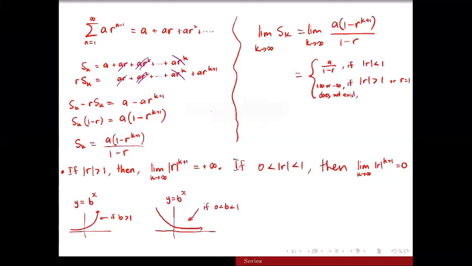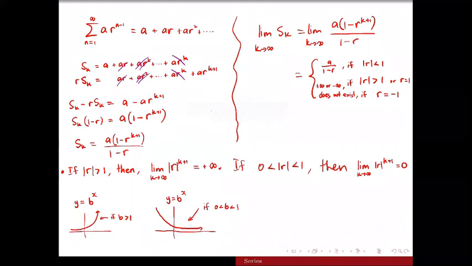The limit does not exist if your r here is equal to -1. Okay? Because it could be plus infinity, it could be minus infinity. We don't know actually.